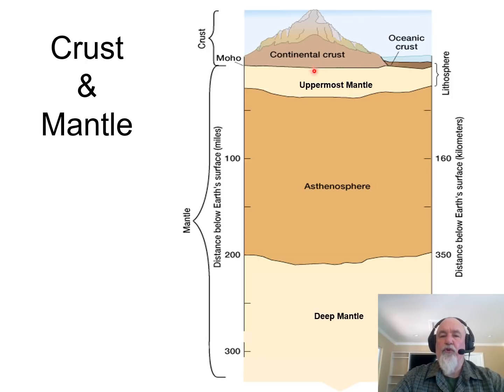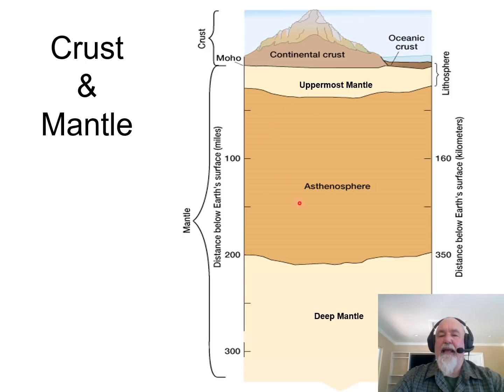They are glued together, and they will move, whenever they do move, as a unit, broken up into small blocks. And by the way, crust plus uppermost mantle is referred to as the lithosphere. So the true definition of the lithosphere is the Earth's crust and uppermost mantle.